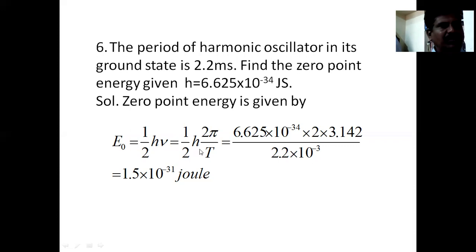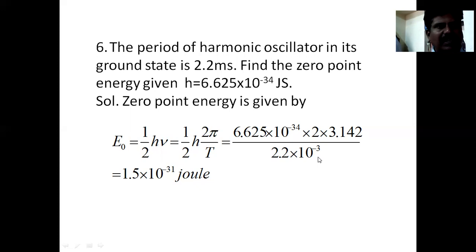Therefore 1 by 2 h into 2 pi nu, where nu is 1 by T. So this becomes 6.625 into 10 to the power minus 34 into 2 into 3.142 divided by 2.2 into 10 to the power minus 3.